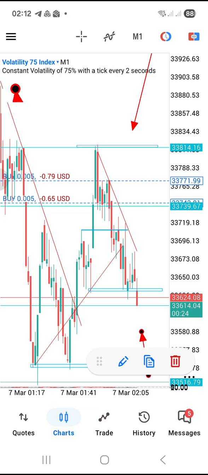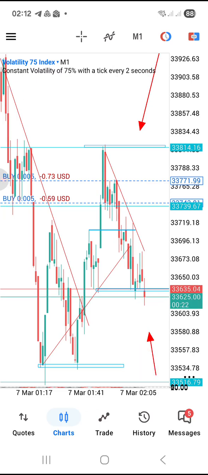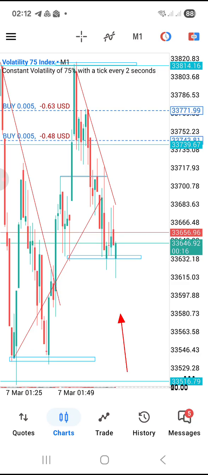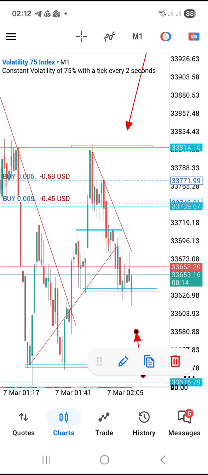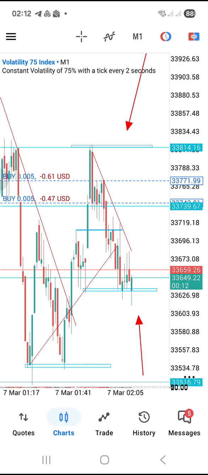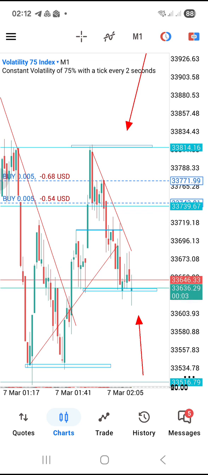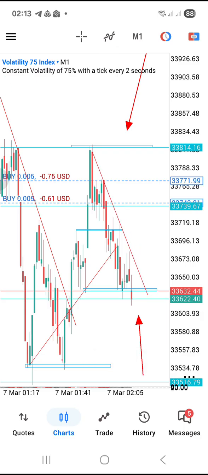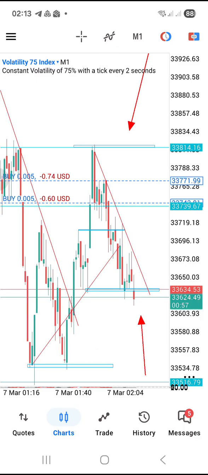Pressuring down, man. Pressuring down. Oh, that's a rejection instead. It appears like a rejection right here. Trend line is sustained. It's not broken yet.